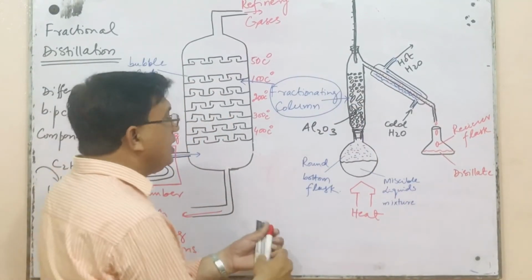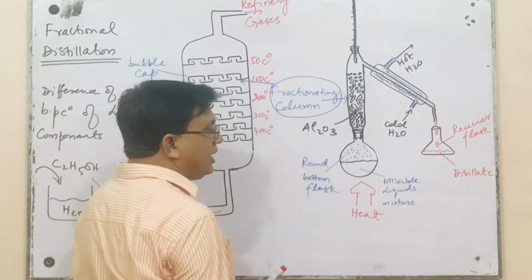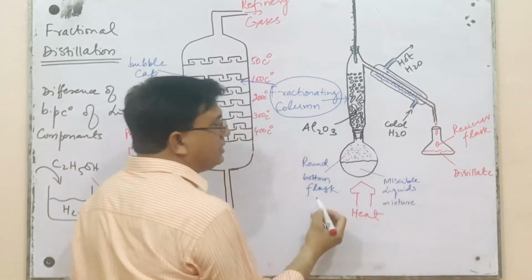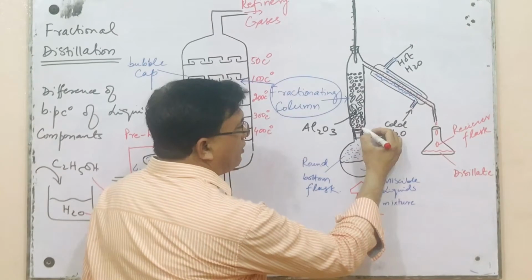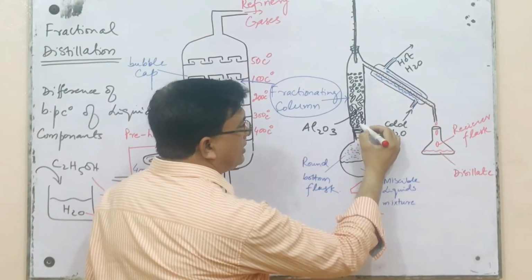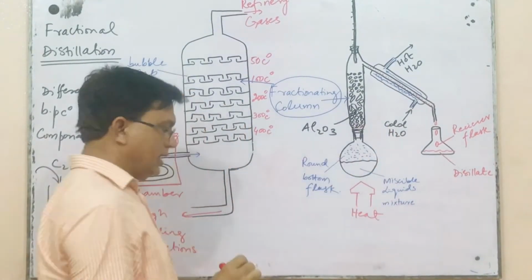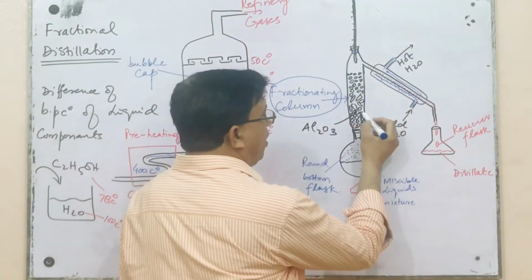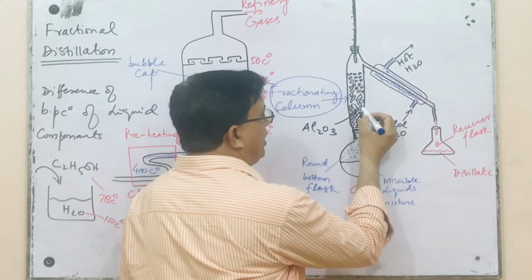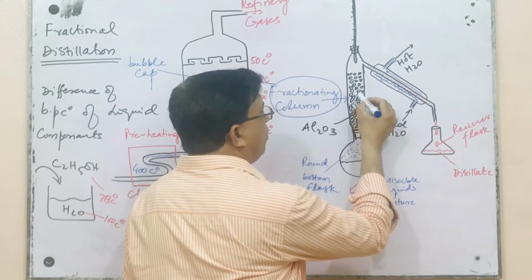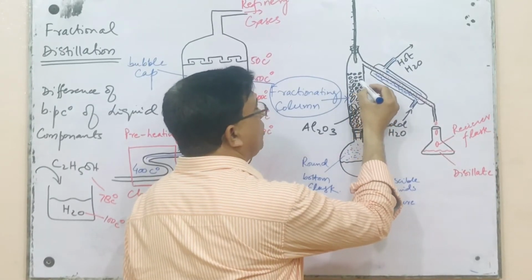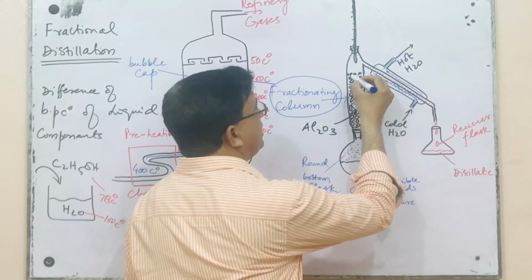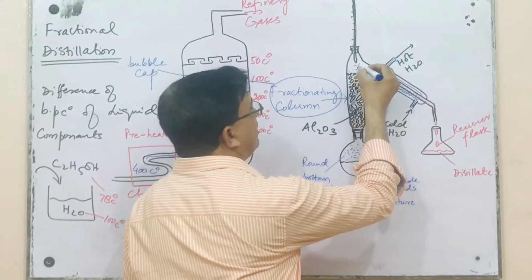For example, if I represent the water vapors as red, the water vapor will condense at this stage. And the alcohol vapors will carry on going upward and will travel the whole of this fractionating column slowly and slowly and reach here.